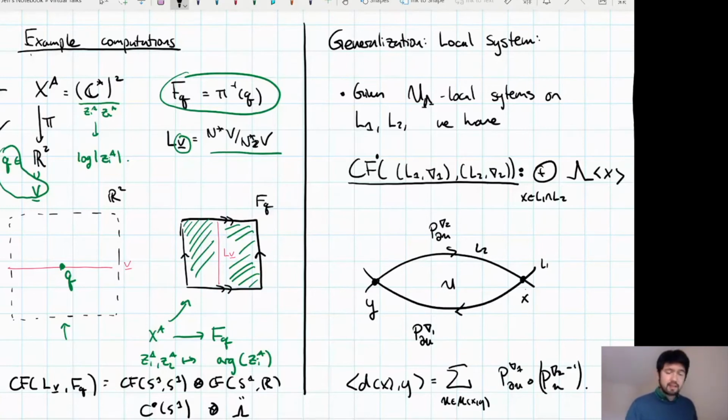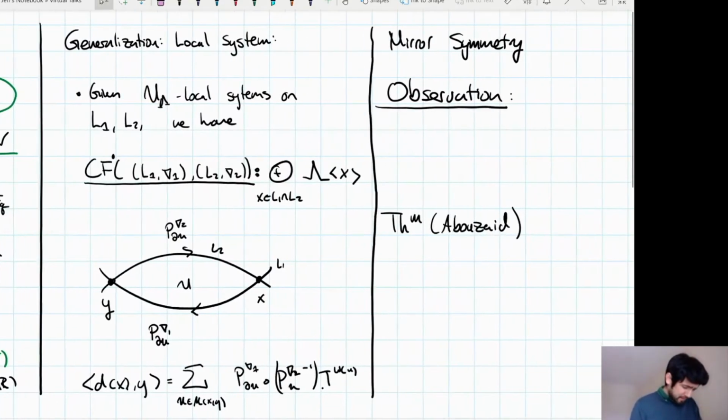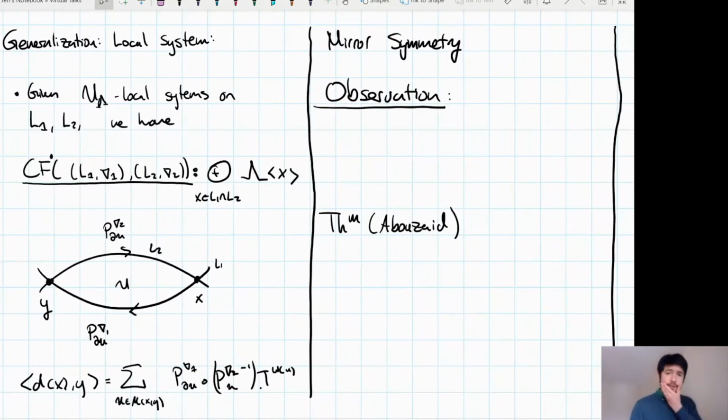So this assigns not just a number to each strip, but some kind of unitary Novikov element to each strip. This is an odd generalization to look at, but it's natural from the following observation.